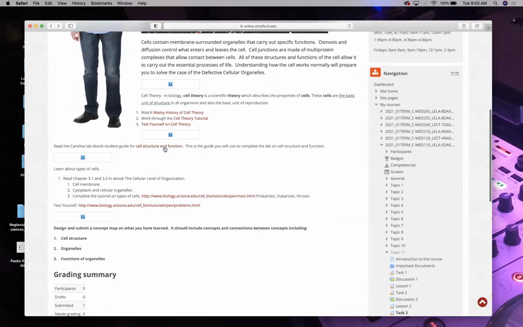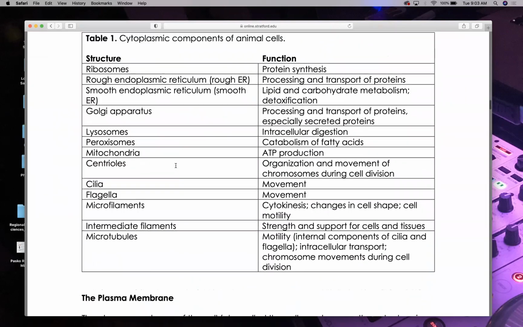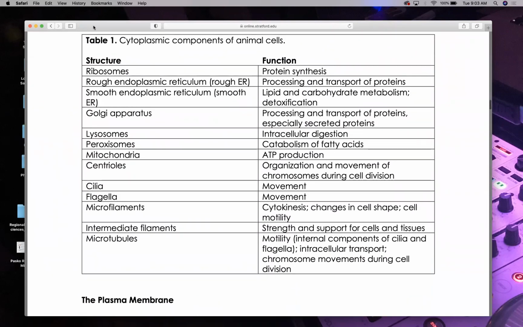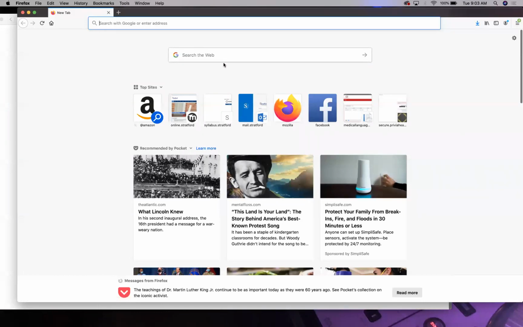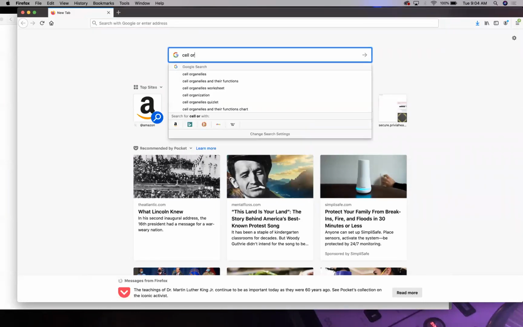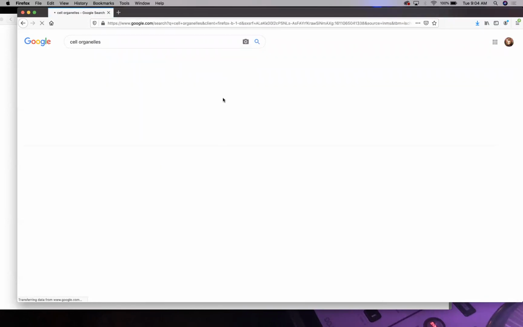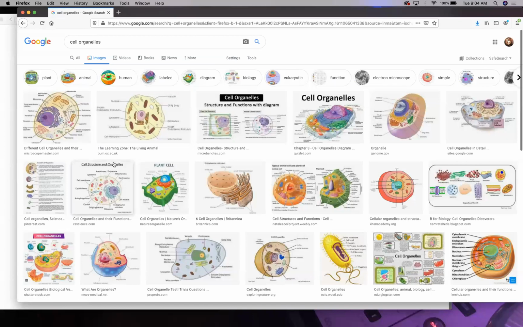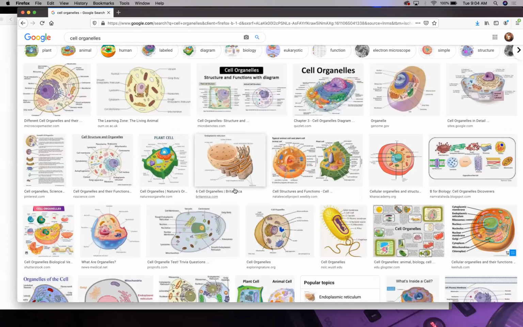So let's go through, you know what? This is what I'll do for you. Let's have this chart up. Keep this chart up. And then I'm going to open up a classic picture of a cell. What's a good picture that has all the juicy parts?